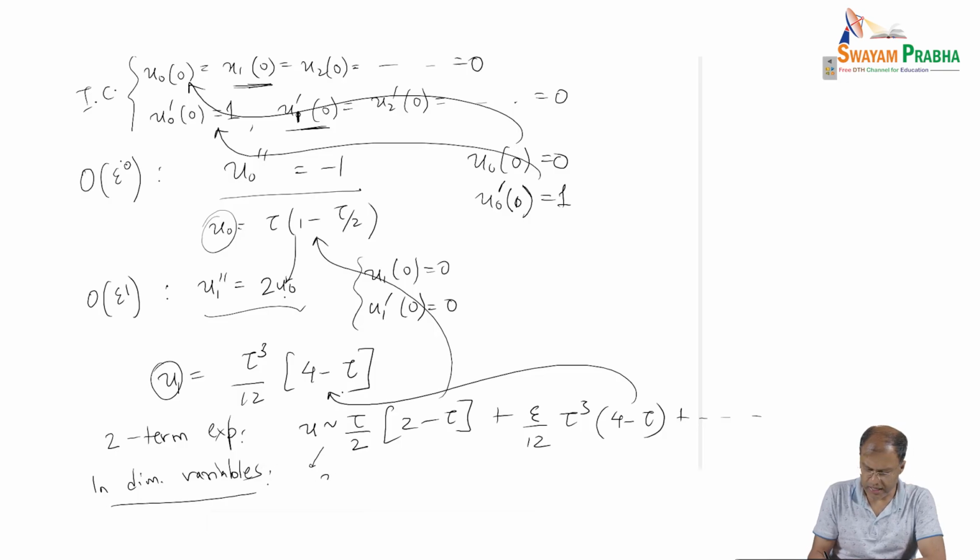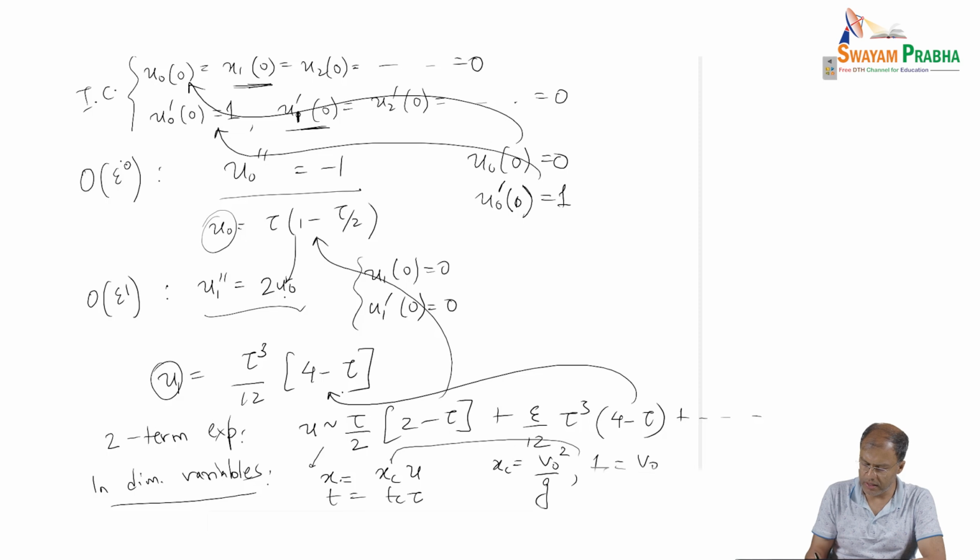x is x_c times u, t is t_c times tau, where my x_c was found in the earlier module to be v naught square by g. This is a problem from projectile motion, and t_c is v naught by g, right?